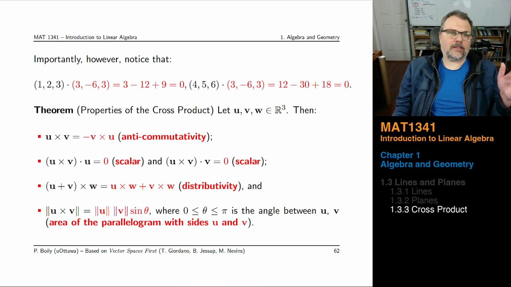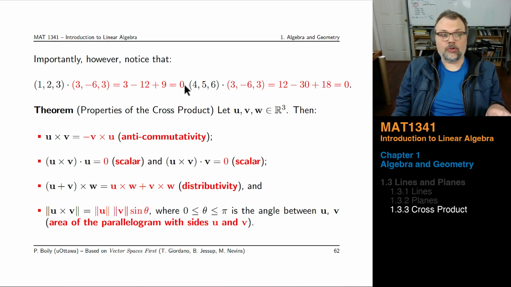But one thing that's very important for you to notice is that if I take the first vector, 1, 2, 3, which was the first vector in that example, and I do the dot product with the cross product, then I get 0. And what that means is that 1, 2, 3, the first vector, is perpendicular to u cross v.